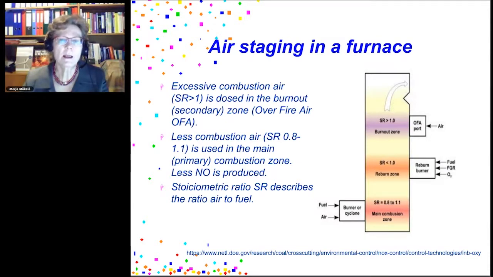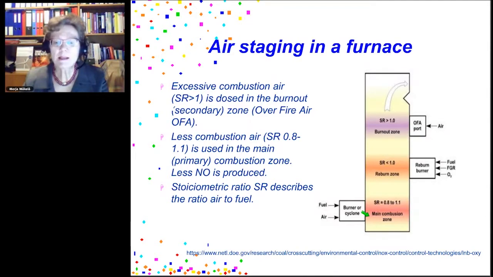First, air staging. When we start here on the bottom, we feed fuel and air in the main combustion zone. And we keep the stoichiometric ratio SR rather small, mostly below 1.